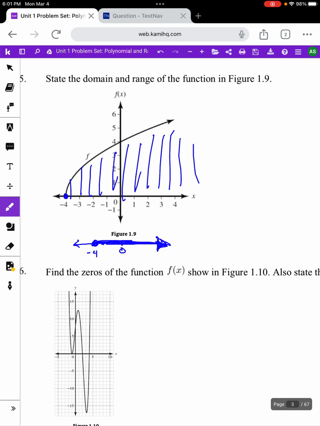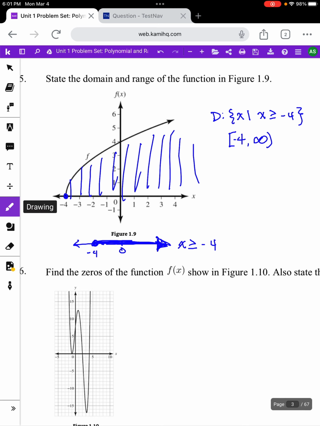So x is greater than or equal to negative 4. We would write that as the domain of x such that x is greater than or equal to negative 4. Another way you could write it is a bracket because we're including negative 4, and that's the lower number, comma, infinity, parenthesis, because we never include infinity.